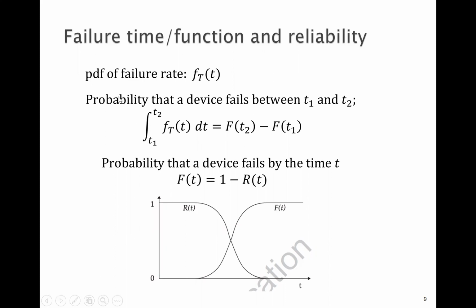So then if we try to plot the failure and reliability, we see that reliability starts at 1 and then decreases slowly to 0, while failure starts at 0 and increases slowly, then reaches unity. So both are probabilities and they intersect at 1/2. So the higher the reliability, the lower the failure. The higher the failure, the lower the reliability.